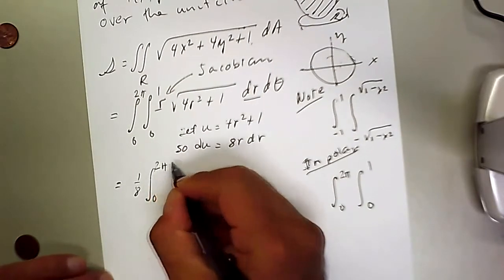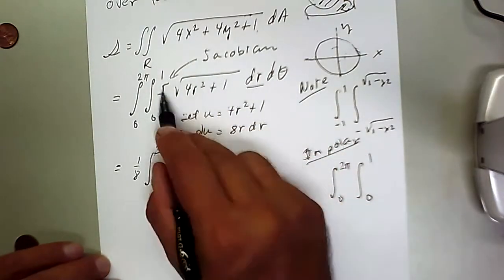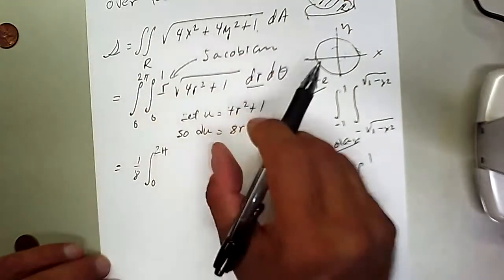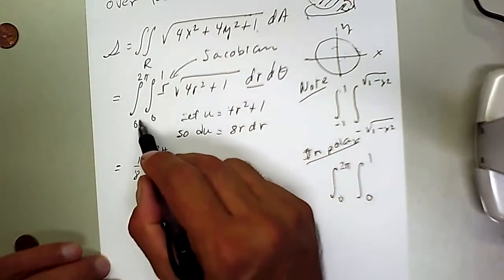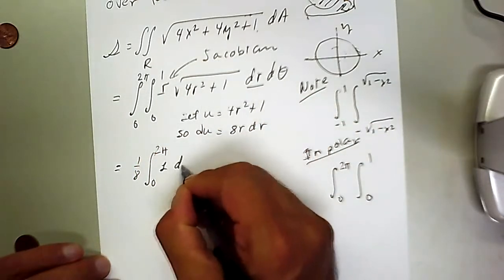By the way, the r and the theta are not related. So anything related to r is a constant. So we can factor that out of the integral, which leaves us with the integral from 0 to 2 pi of 1 with respect to theta.